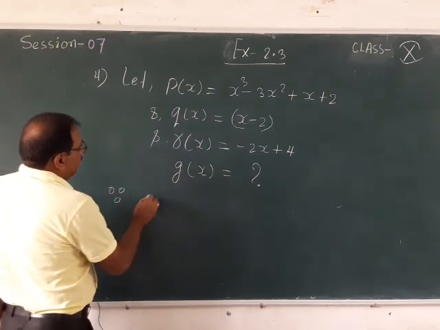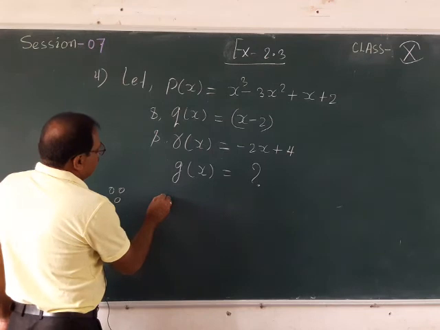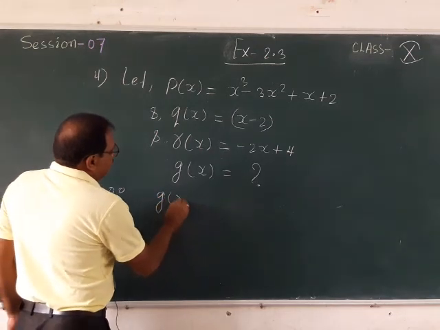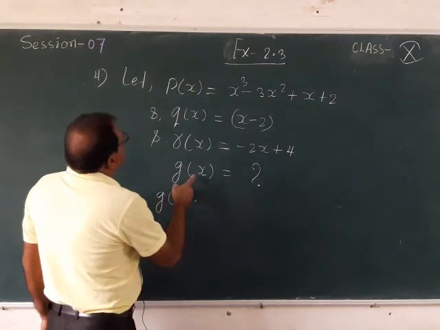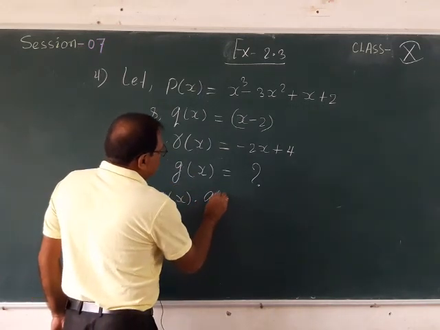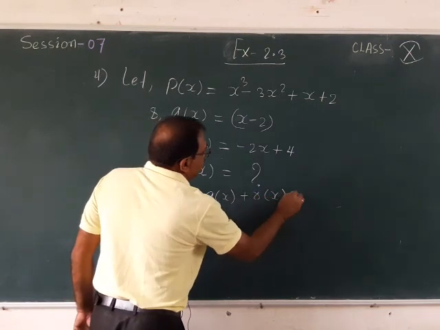Since we know that p(x) is equal to g(x) into q(x) plus r(x), this time I am writing it like that: g(x) into q(x) plus r(x) equal to p(x).